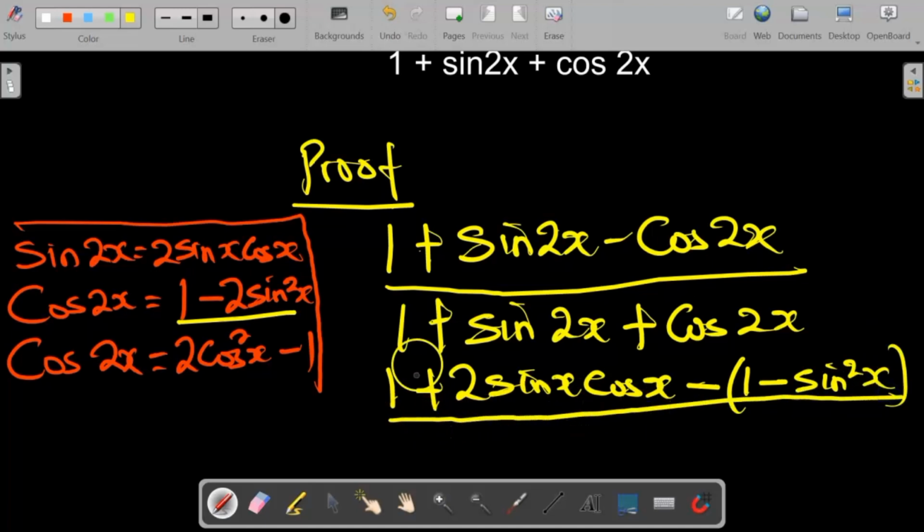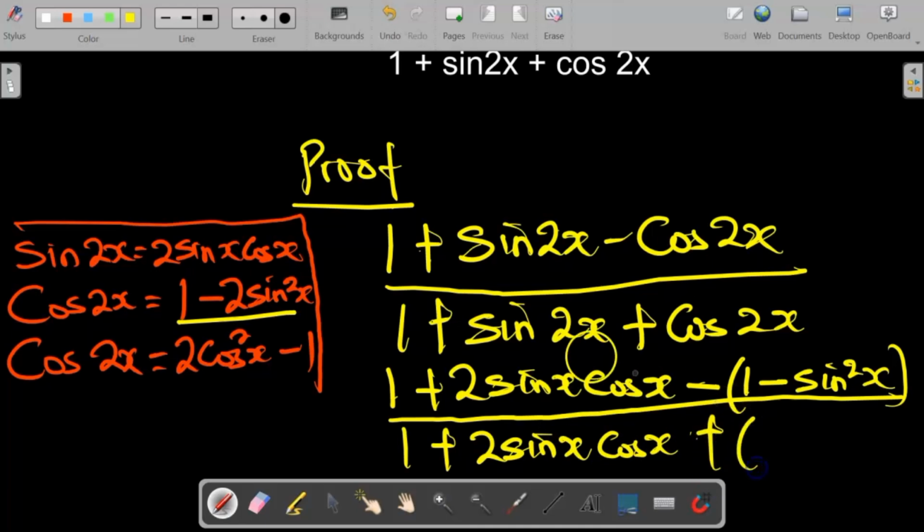Everything over the denominator, we have 1 plus sine 2x, which is 2 sine x cos x, then plus cos 2x, and I'm going to be using 2 cos squared x minus 1.